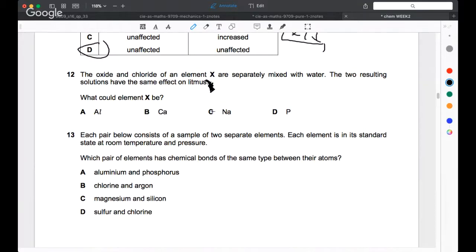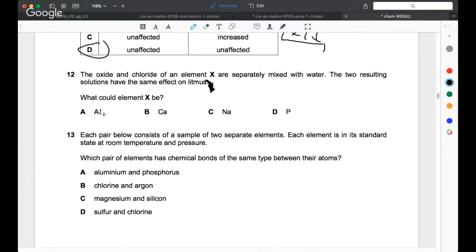Which means that both the oxide and the chloride of this element have the same pH property. So they are either all basic, or all acidic, or all neutral. If one is acidic and one is basic, they don't have the same effect. Or if one is neutral and one is acidic, they don't have the same effect. So they must have the same acidic properties.